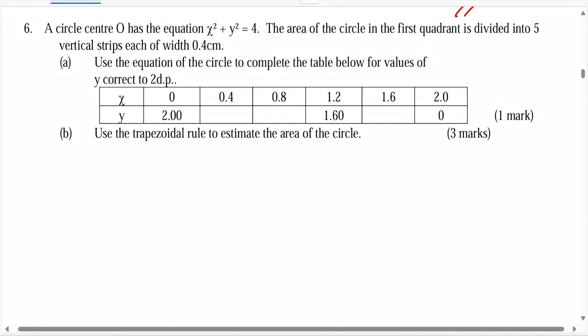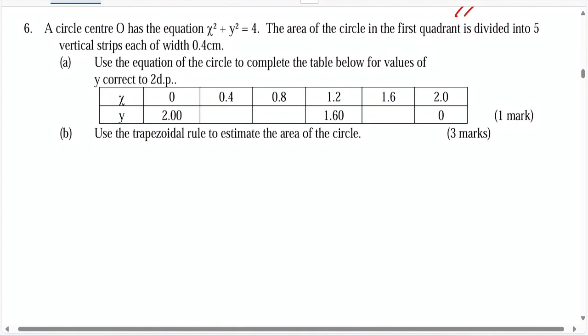Part a: use the equation of the circle to complete the table below for values of y correct to 2 decimal places. So your x is 0, 0.4, 0.8, 1.2, 1.6 and 2.0.